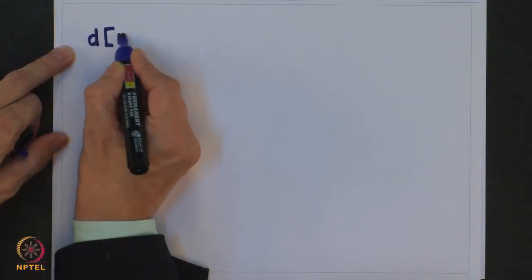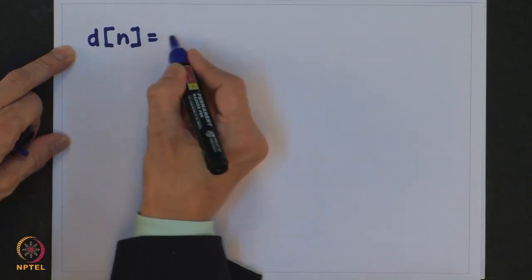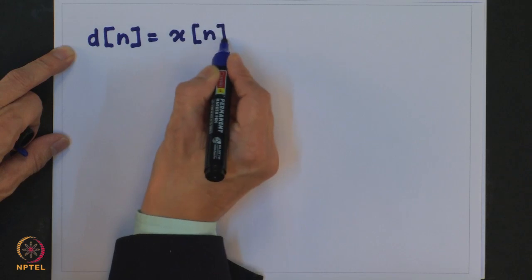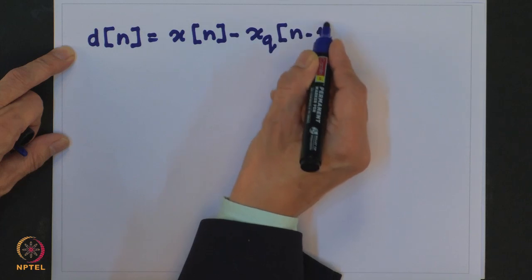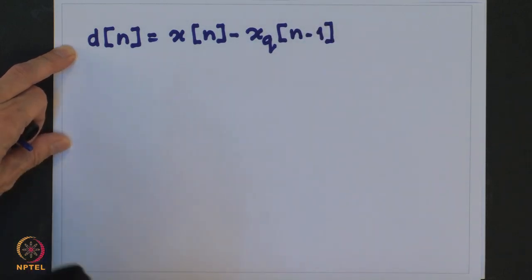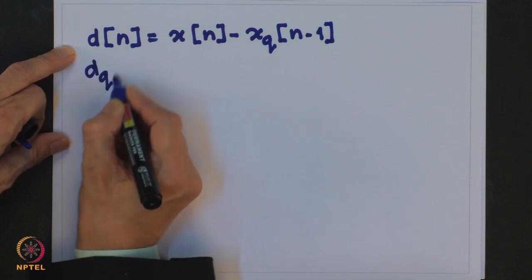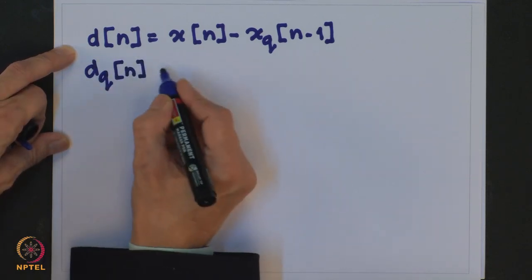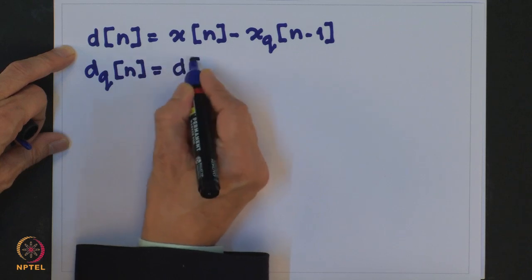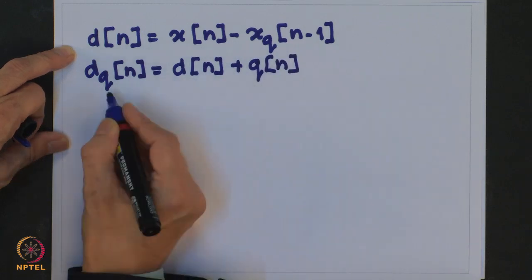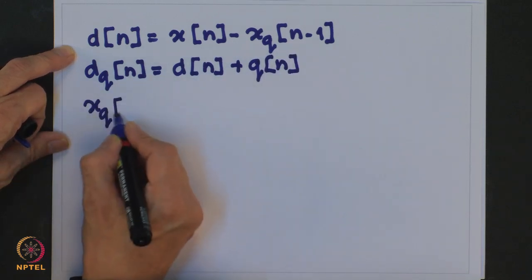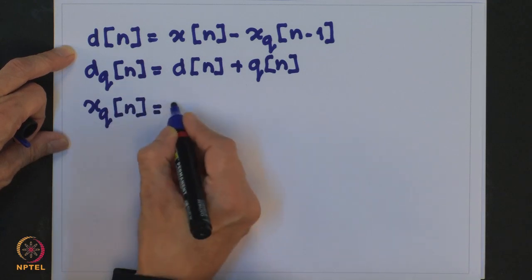Now if I proceed in this manner, what I will get is as follows: my dn would be given by this expression. This will get quantized, and my reconstruction at the receiver would be as follows.